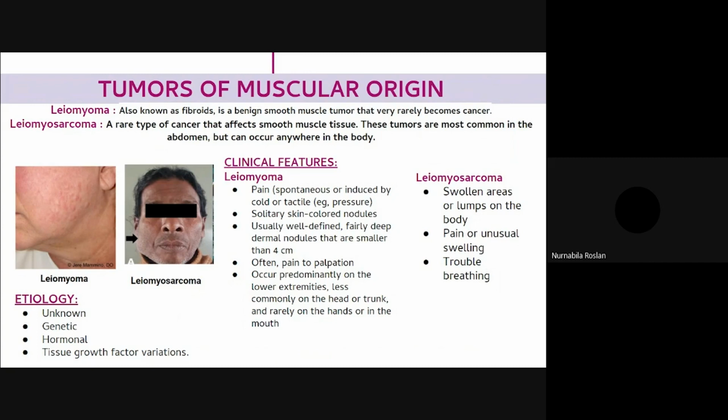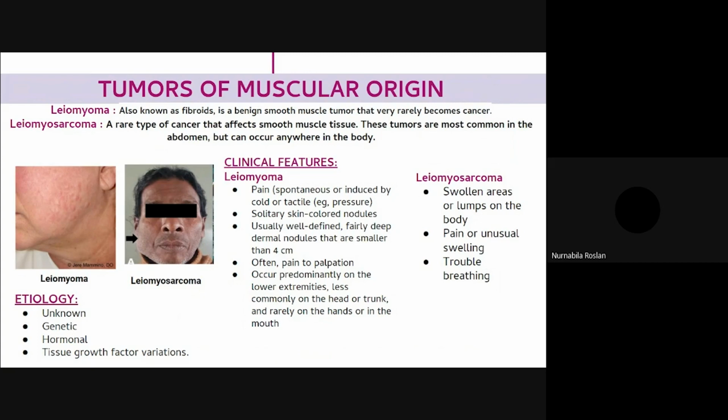For the clinical features, leiomyoma usually presents with pain, which is spontaneous or induced by cold or tactile stimuli, for example, pressure. It is a solitary skin-colored nodule. It is usually a well-defined, fairly deep dermal nodule that is smaller than 4 cm.